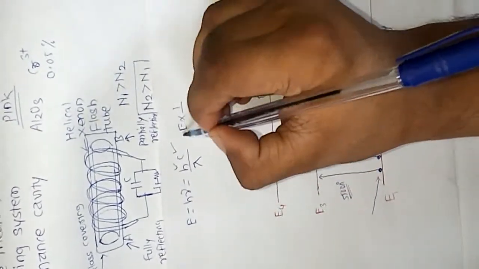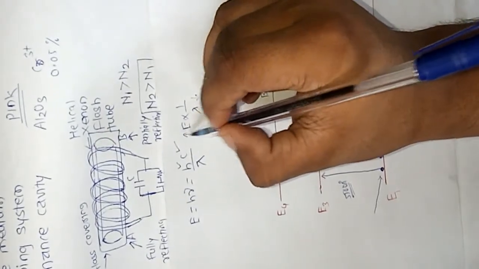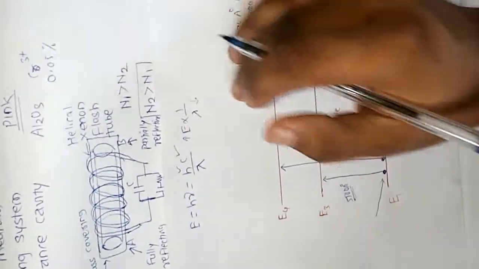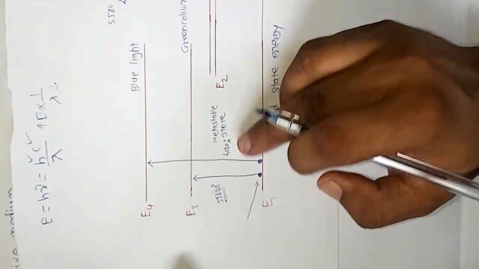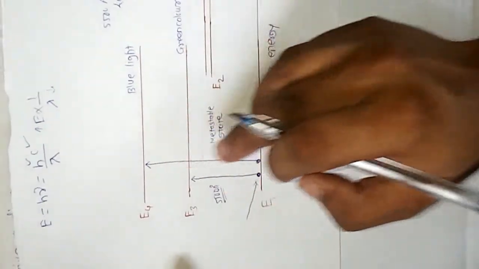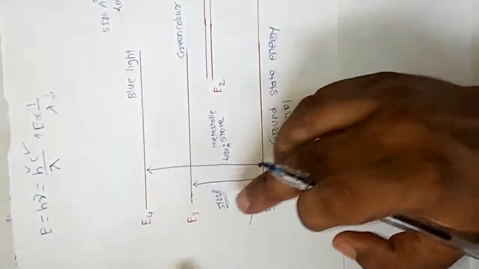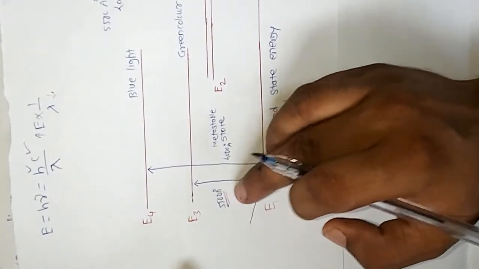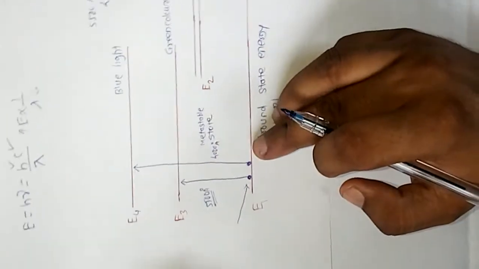As E increases, lambda decreases, and as E decreases, lambda increases. And due to this, 4000 angstrom unit corresponds to the transition from E1 to E4, and 5500 angstrom unit corresponds to the transition from E1 to E3 energy level.